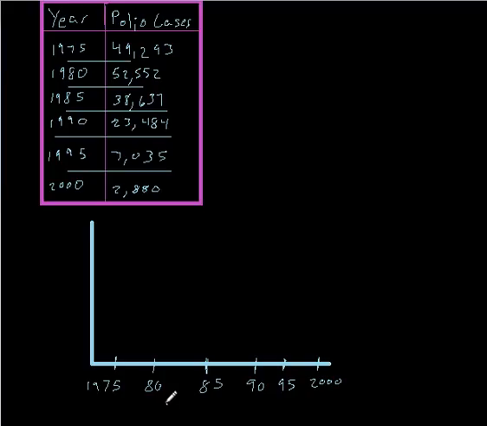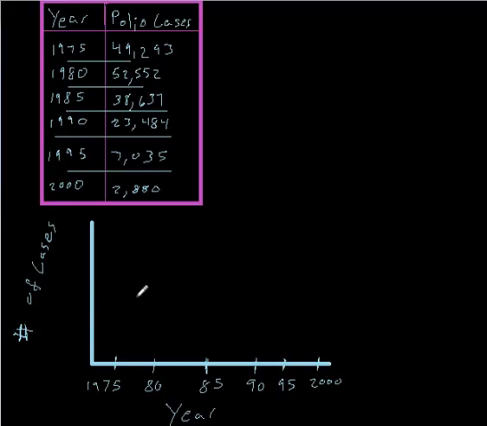And then this is the years, or the year. And over here, this is the number of cases. That's looking off, so let me fix it. So that's the number of cases.